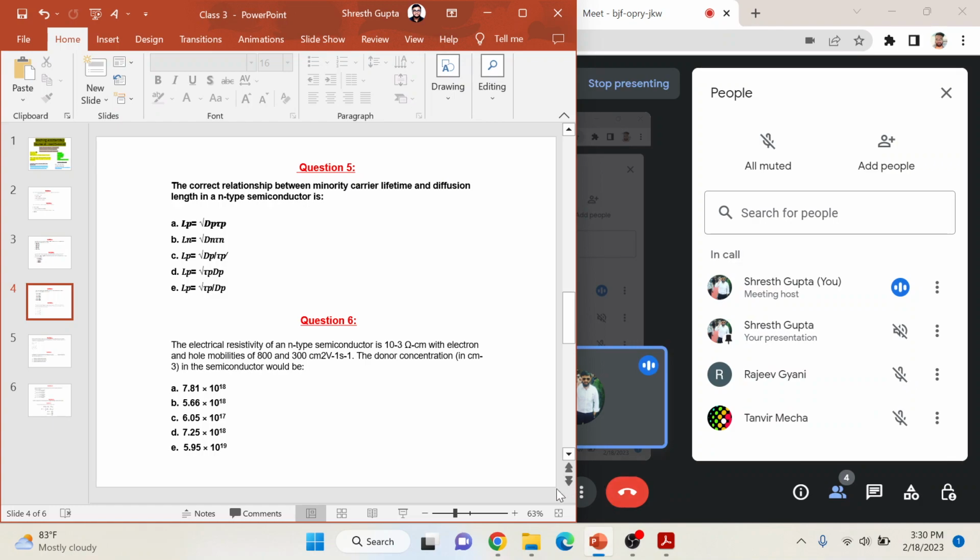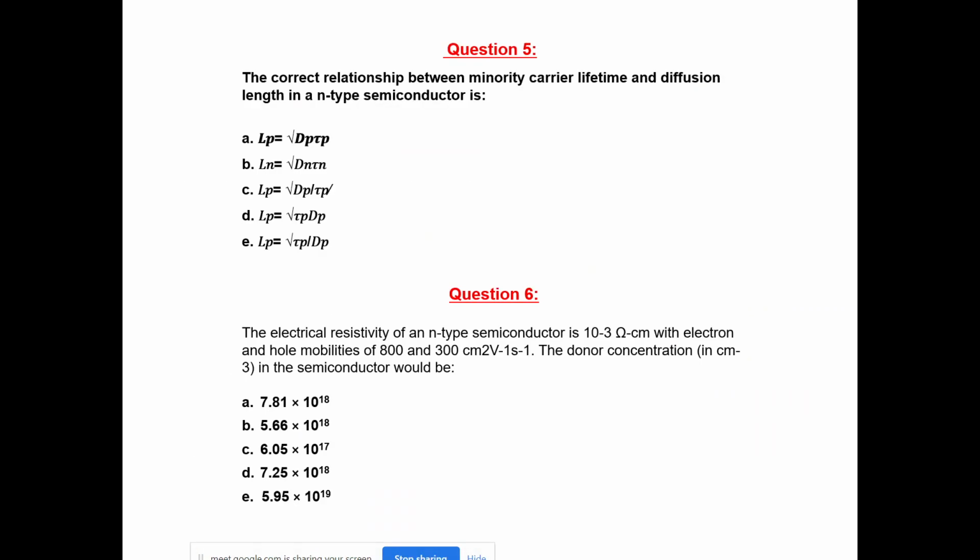Let's move to the next question, question number 6. This is a numerical, by the way, and I'll give you time to solve it. The electrical resistivity of an n-type semiconductor is 10 raised to power minus 3 ohm centimeter, with electron and hole mobilities of 800 and 300 centimeter square per volt per second.